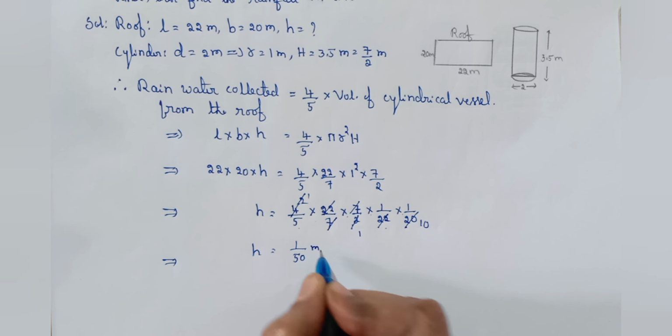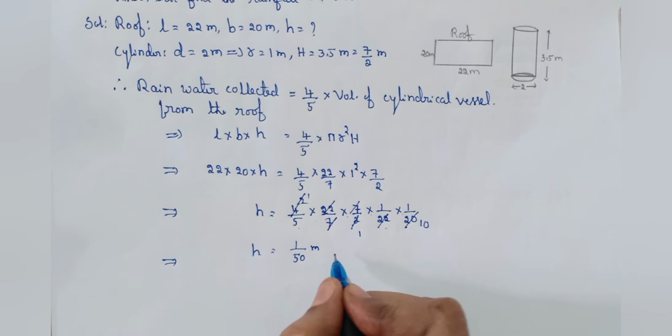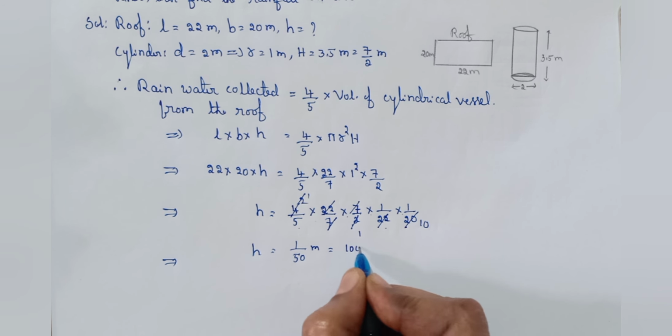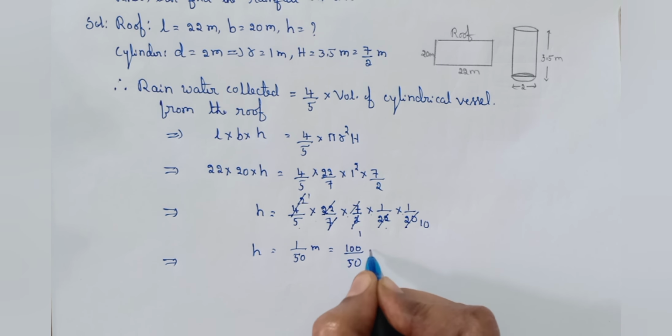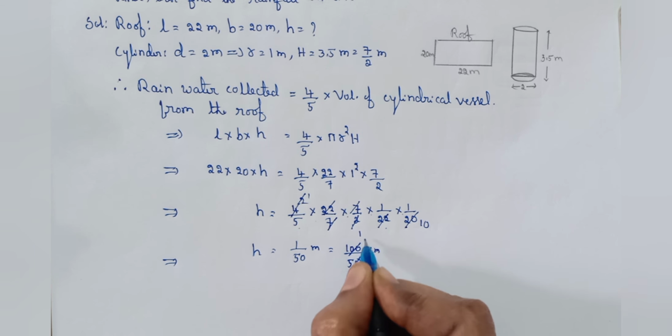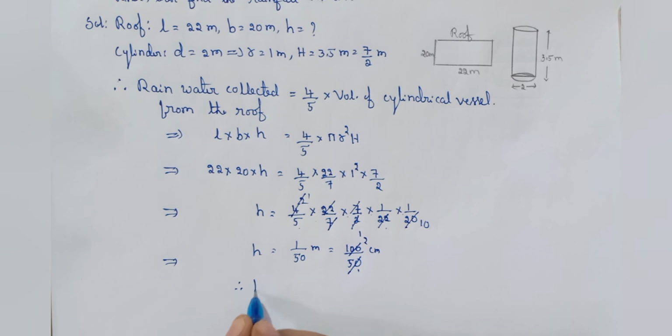It is in meter. Convert the meter into centimeter. So 100 by 50 centimeter. 5 ones are 5, 5 twos are 10. Therefore H is equal to 2 centimeter. Therefore the height of the rainfall is 2 centimeter.